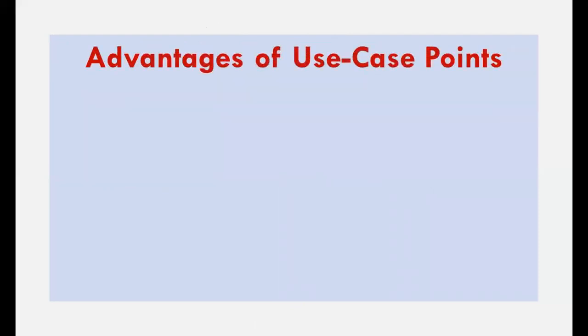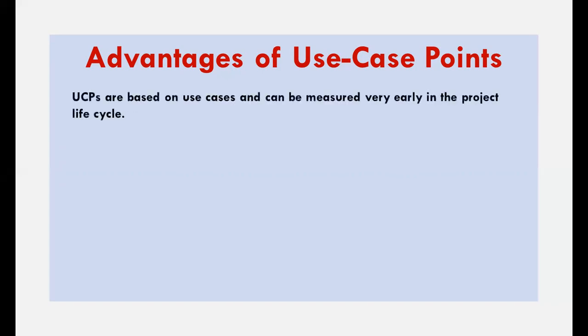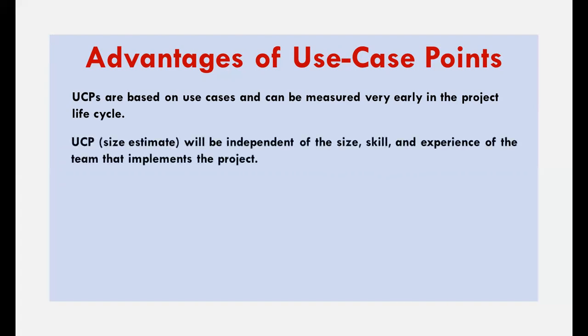Now let us see the advantages and disadvantages of use case points. Coming to the advantages of use case points, UCPs are based on the use case and can be measured very easily in the project life cycle. UCP will be independent of the size, skill and experience of the team that implements the project.